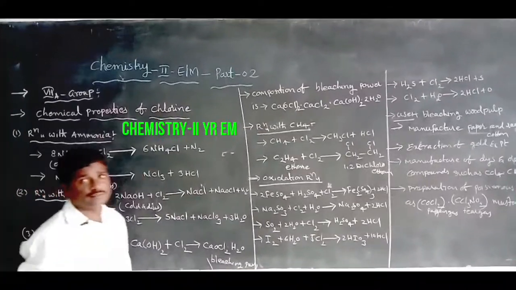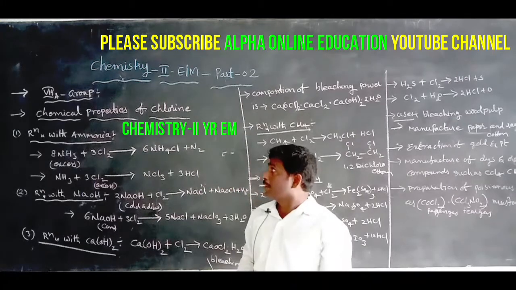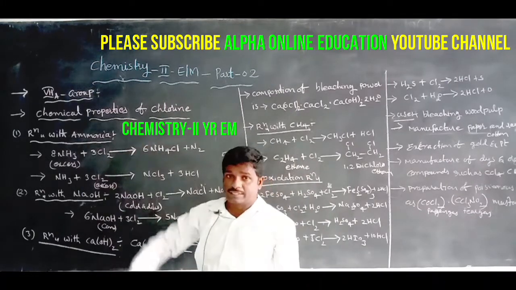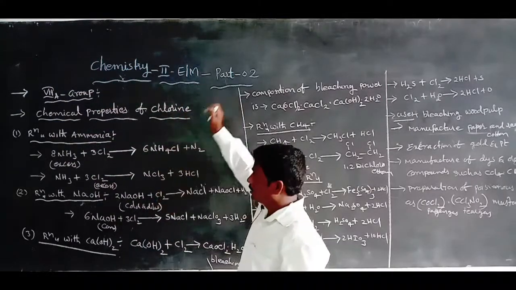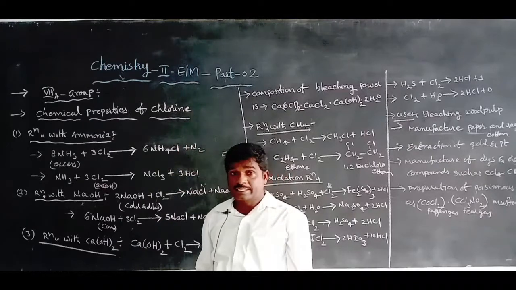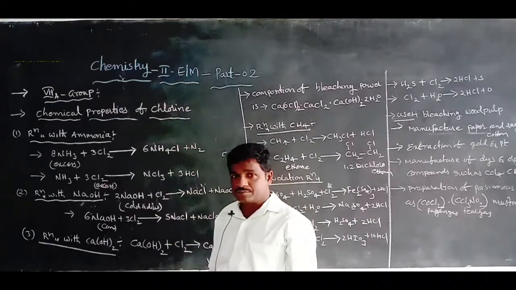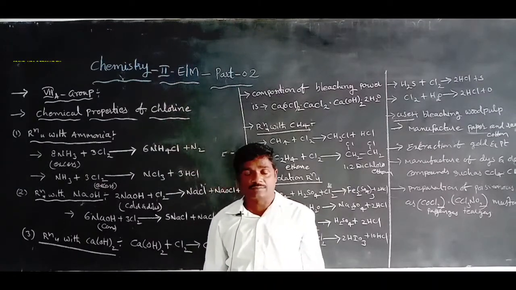Good morning students. Today we are going to discuss the chemical properties of chlorine, 7A group elements, chemistry, second year English medium, part 2. Yesterday we discussed the preparation of chlorine.